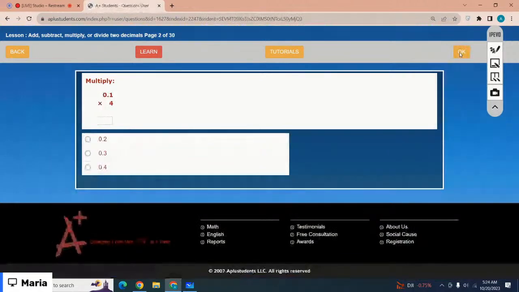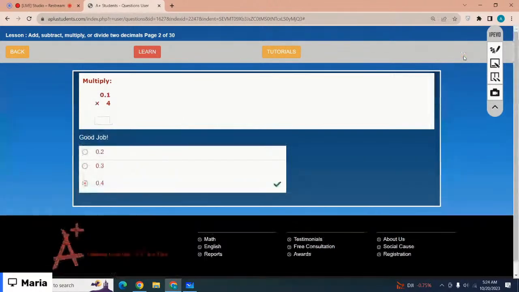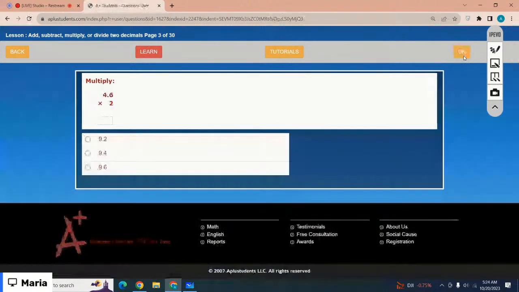0.1 times 4, so which is the correct option? 4 times 1 is 4, right? And then add the decimal point, so that would be 0.4. Next, 4.6 times 2, so which is the correct option?